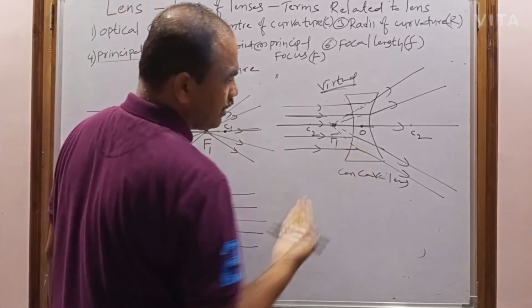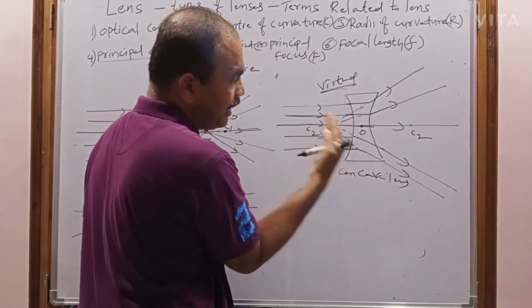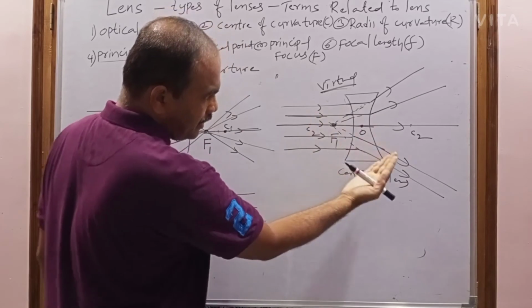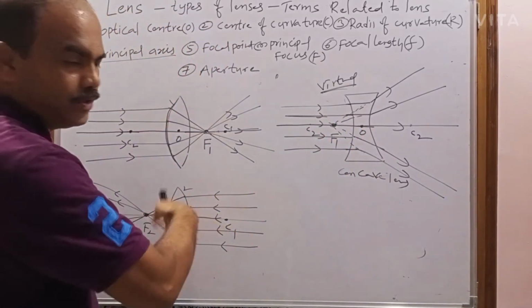In case of the concave lens, the light is incident on the first surface, and the principal focus exists on the same side. But in the convex lens it is on the opposite side.